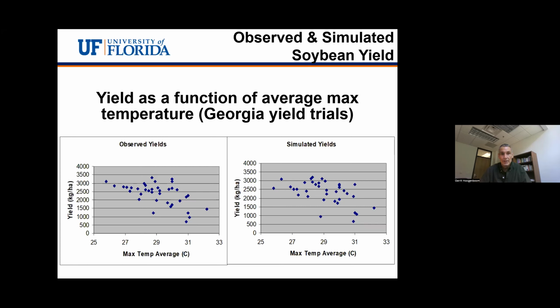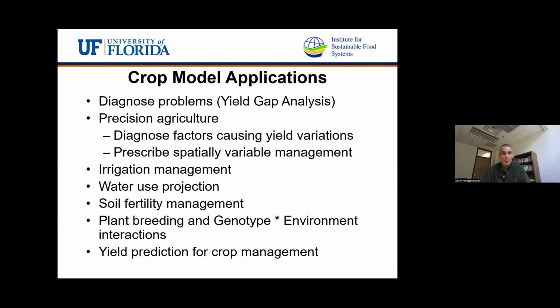And then preferably another environment, maybe another year or another location for model evaluation. So the data I showed you from these variety trials is really where we actually have more data available, and I'm really trying to just demonstrate the application of what we can do if we have a larger set of data, and to show you how well these models respond.